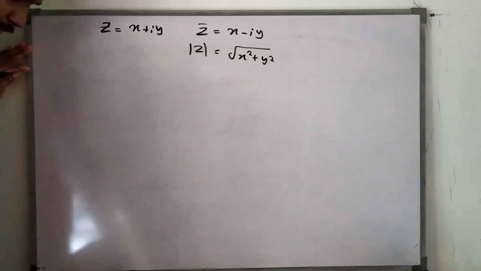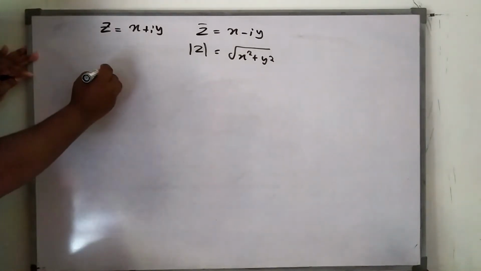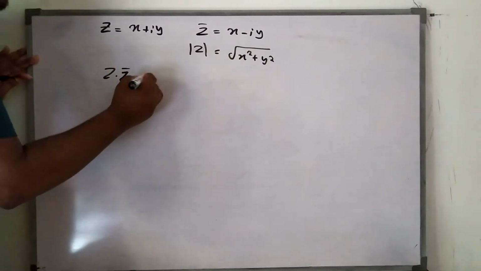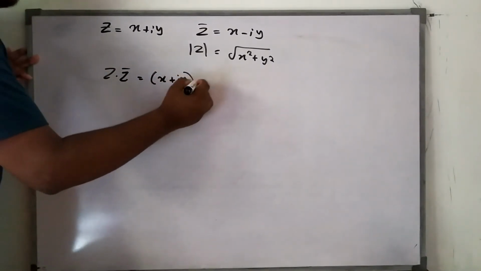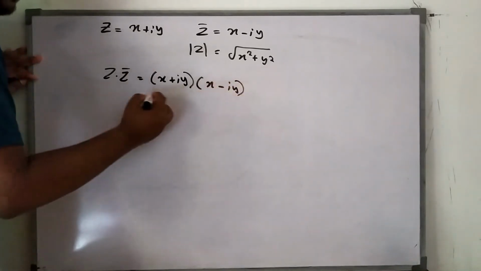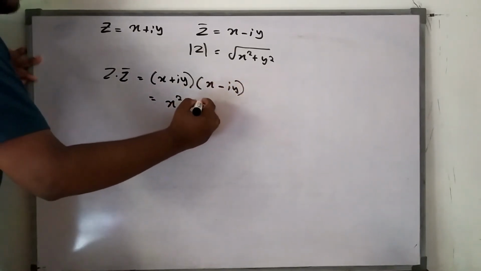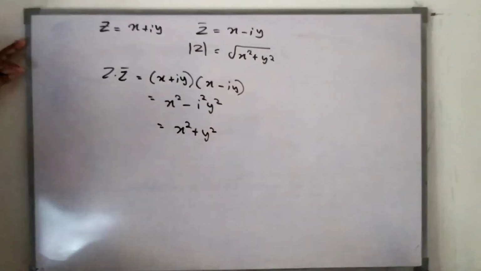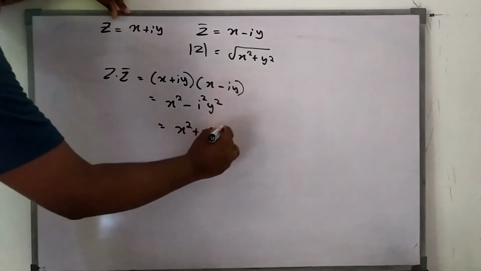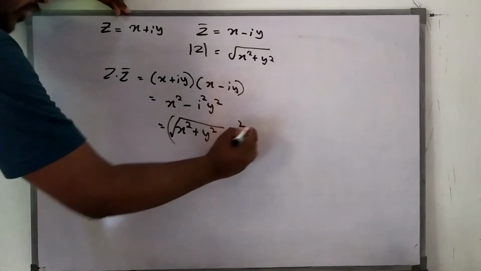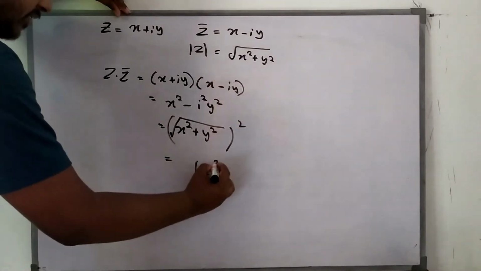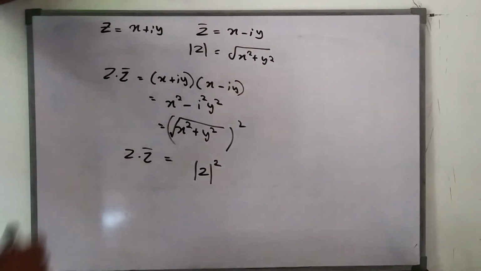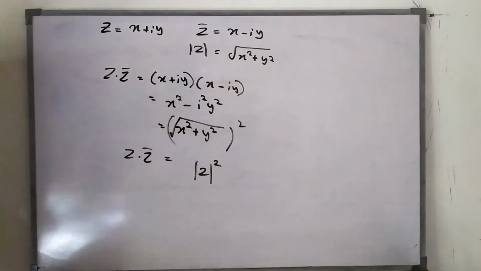Now I'm starting with z into z bar: x plus iy times x minus iy, so it's x square minus i square y square. This is x square plus y square, which is the square root whole thing squared, and this is modulus z square. So this is the answer of the first one.